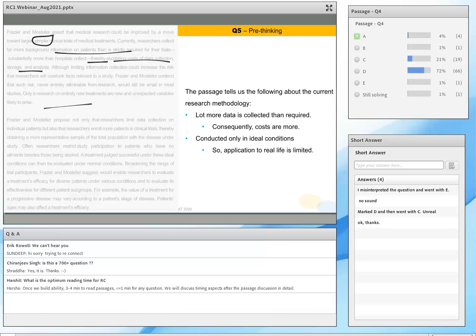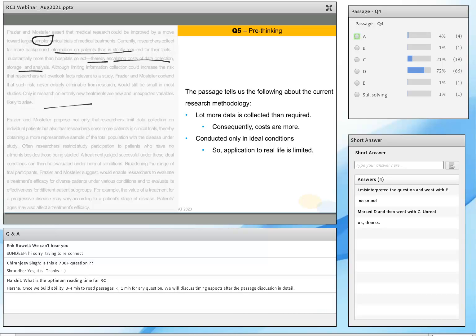This is the only cause and effect that is mentioned regarding collecting too much information for the current clinical trials, right? That's our cause and effect, very clearly mentioned in the passage.